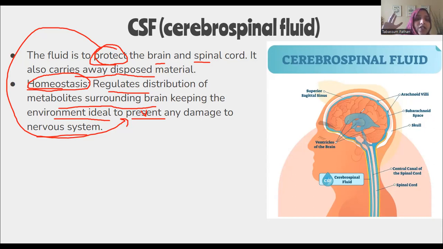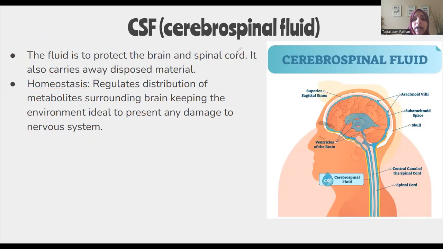It's not that the brain is not connected with blood; there are blood vessels, but the function of cerebrospinal fluid is more like blood, regulating the metabolites and keeping the environment perfect to prevent any damage to the brain and spinal cord tissues. All in all, it is protecting the brain and the spinal cord.